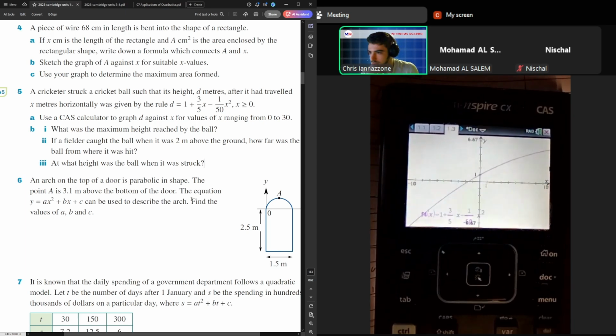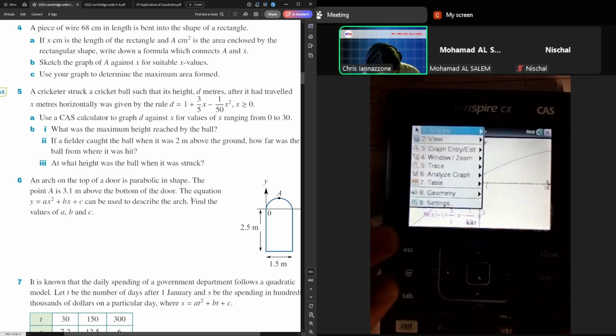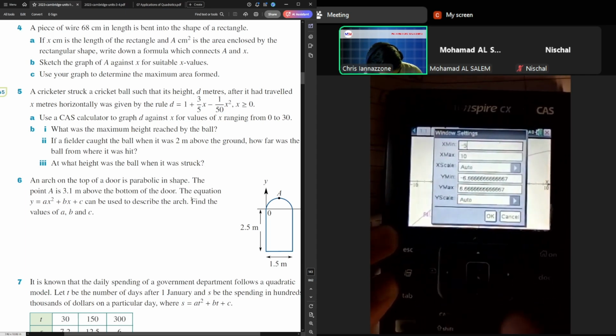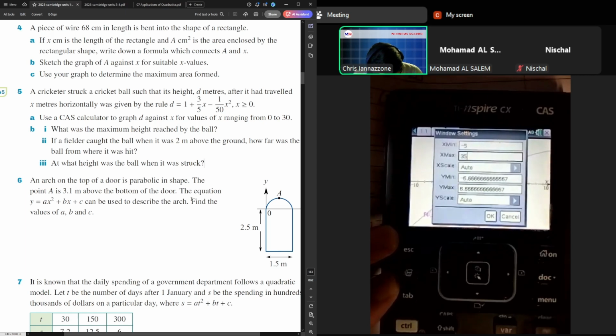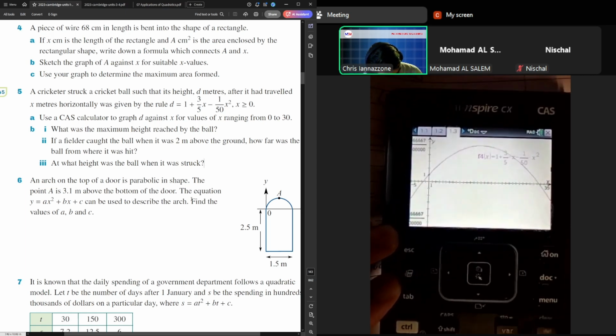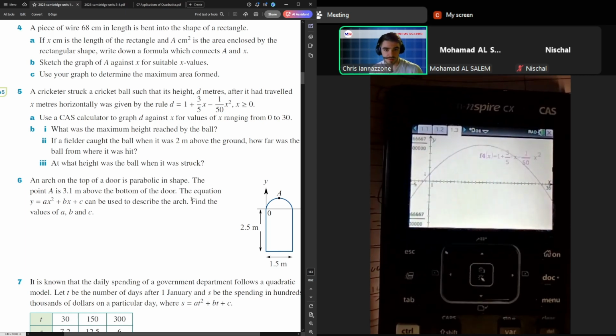Cool. We have our curve. We're told our domain is x greater than or equal to 0, and part A tells us to do it between 0 and 30. So we'll go a little bit above that just so we can see everything. But when it comes to our graph, just remember that it will be only between 0 and 30.